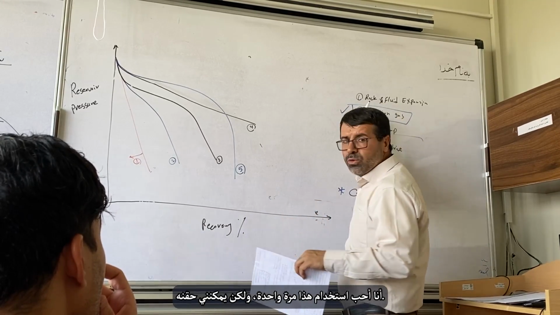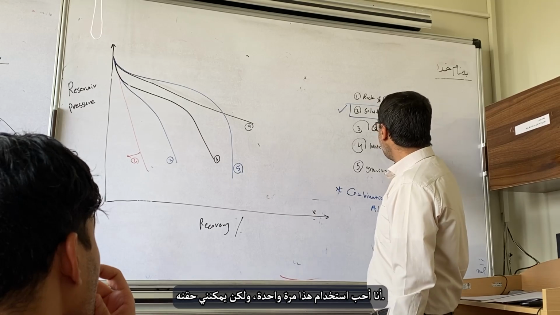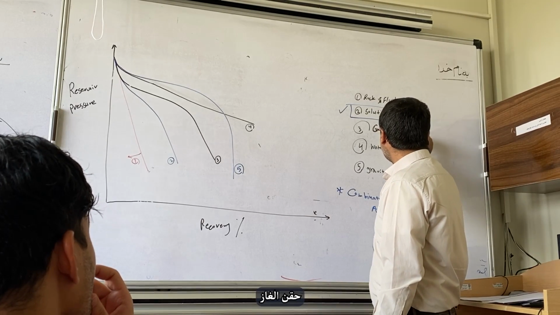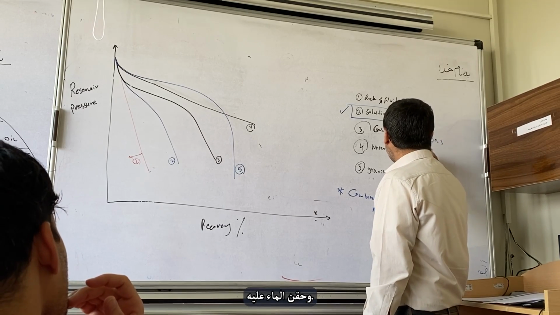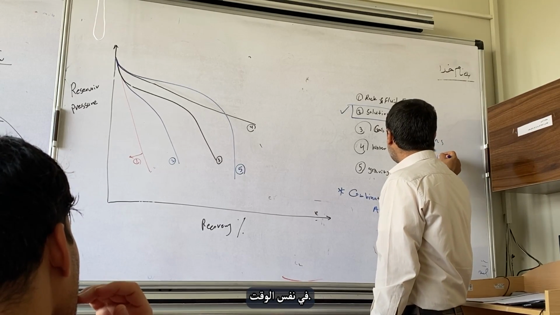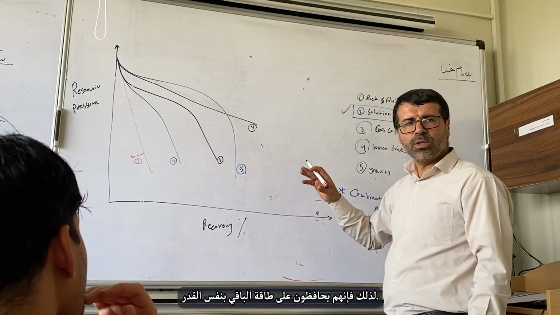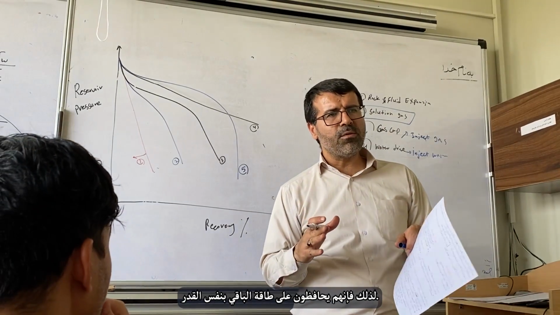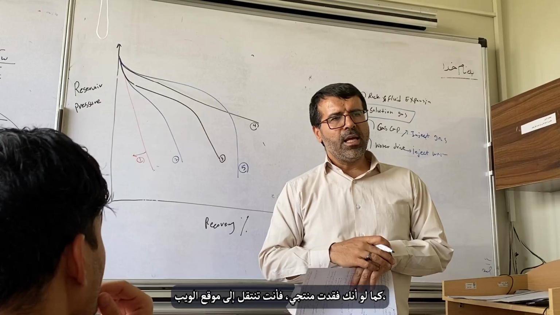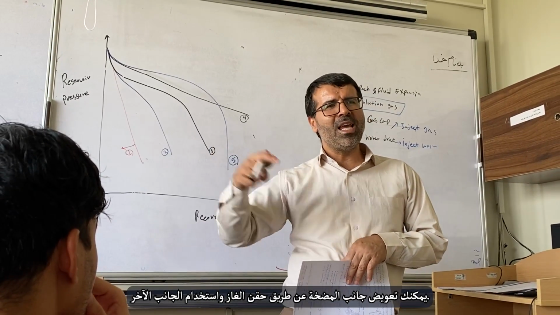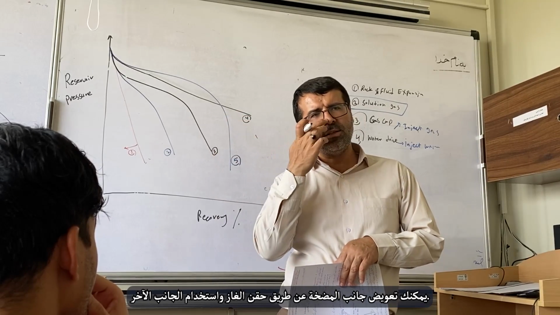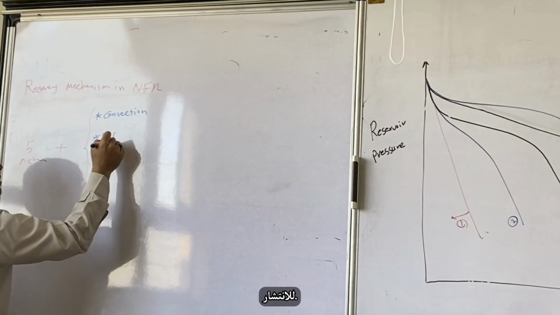I would like to use these ones, but I can inject gas to here and inject water to the aquifer at the same time. So then keep the energy of the reservoir at the same state. If you lose by production 1 psi, you compensate the 1 psi by injecting the gas and injecting the water.